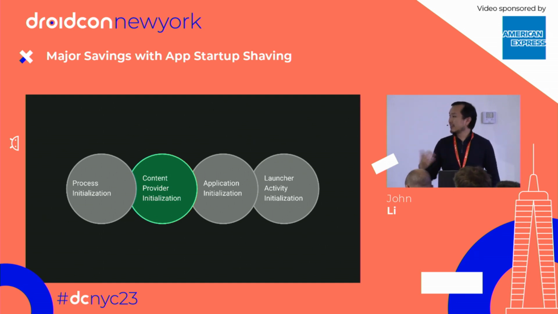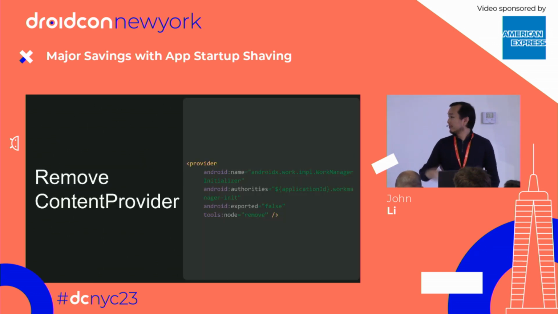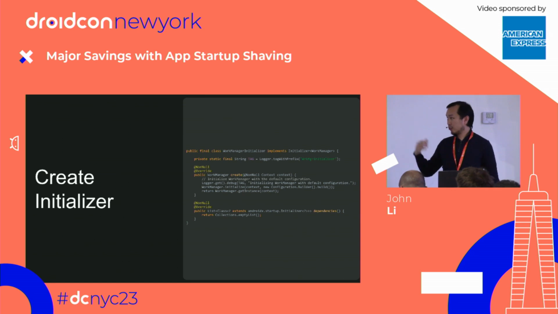So let's look at how that happens. How can we basically defer a content provider and move that initialization to post-startup? Well, first, we will remove the content provider. So tools:node="remove" is kind of the main key of this. You remove whatever content provider that you're trying to initialize later. Next, you create the initializer using the initializer interface provided by the startup library.